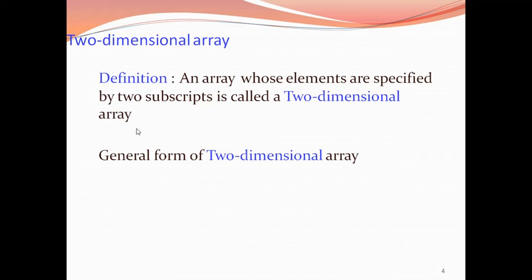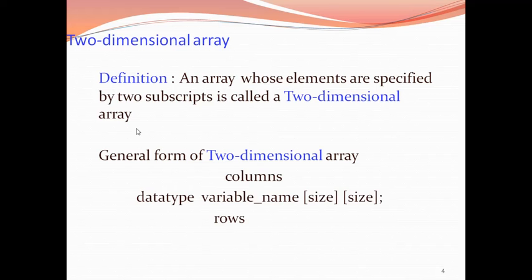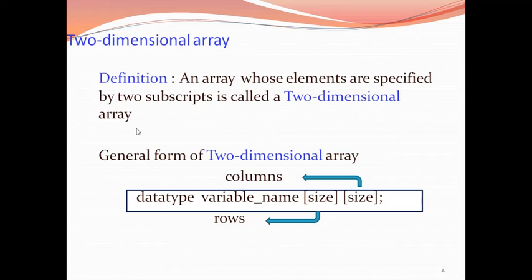The general form of a two-dimensional array is: data type, variable name or array name, size within square brackets, and size within square brackets.